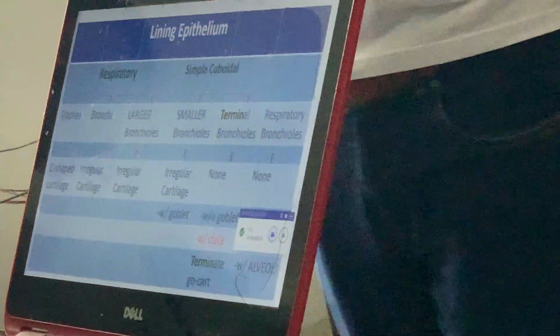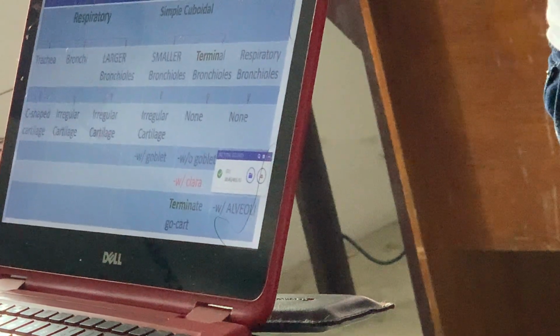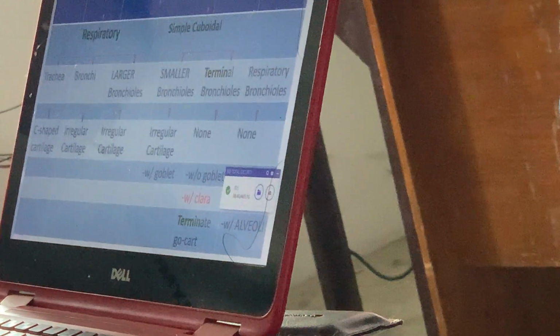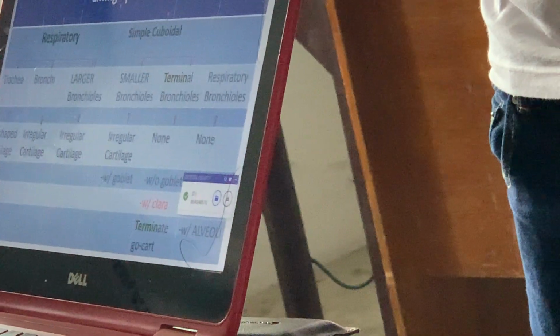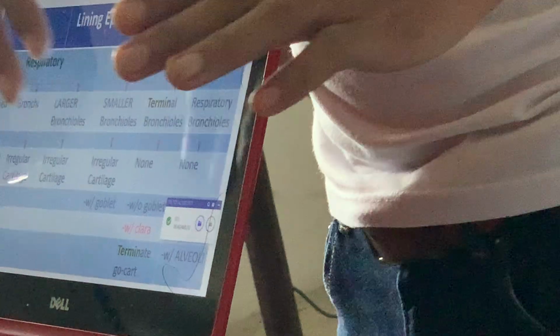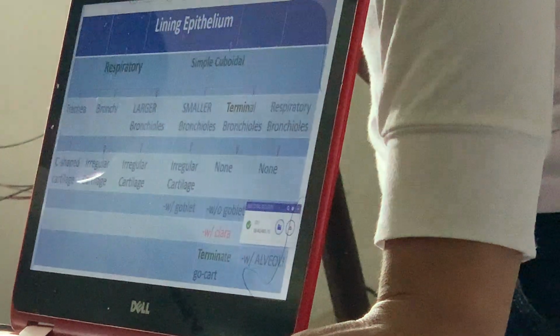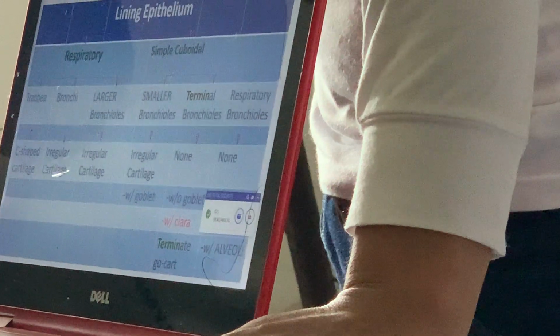Meaning, if you see that these are already cuboidal, what do you have to look for next? Look for alveoli. Meaning, if there's the presence of alveoli, it's automatically the respiratory bronchiole.